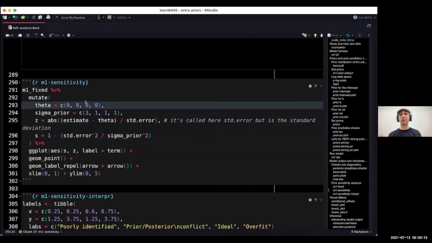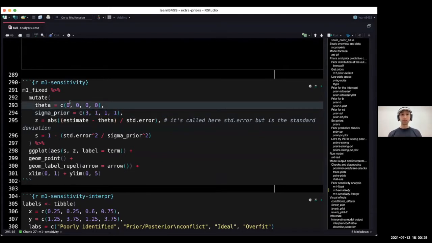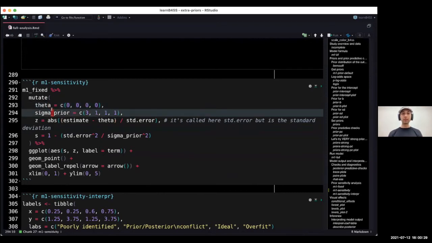And since most times we use a normal distribution with mean 0, that's going to be 0. And then you specify the standard deviation of the prior corresponding to the mean in theta, and that is sigma prior, right? It's just the sigma, the standard deviation of the prior.